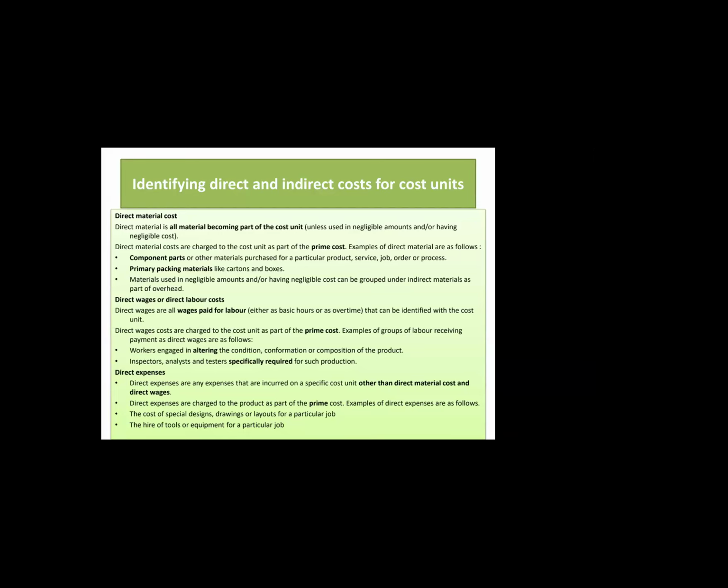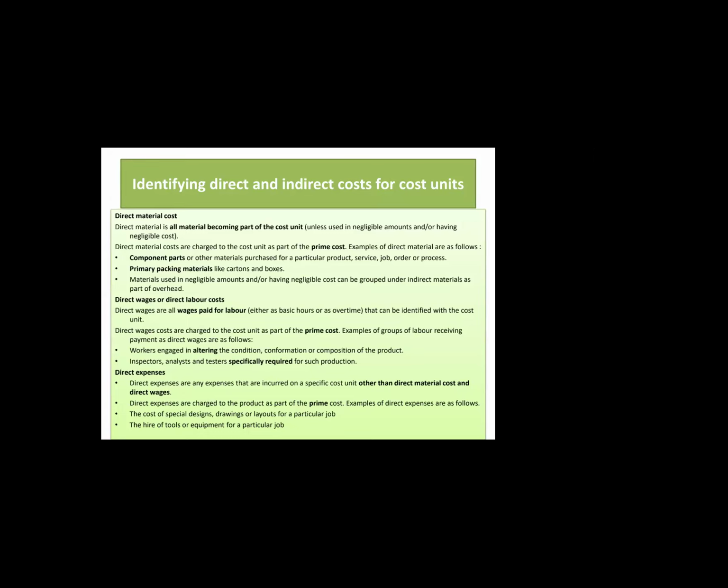Whatever the payment made, whether overtime or regular hours, it is direct wages that can be identified with the cost unit. Direct wages are charged to the cost unit as a part of the prime cost. Examples of groups of labor receiving payment as direct wages are as follows.